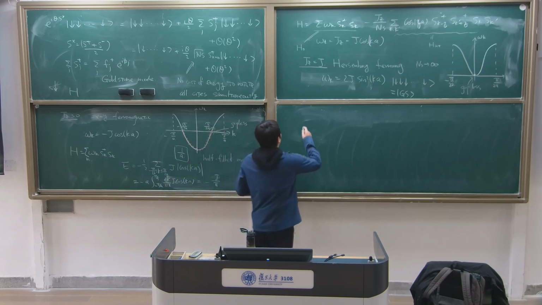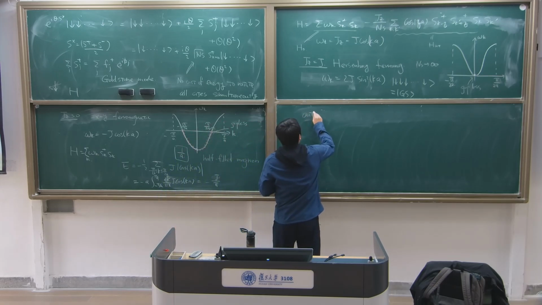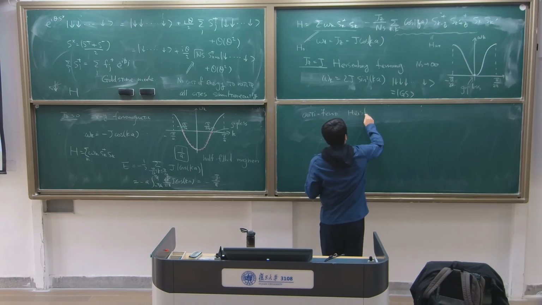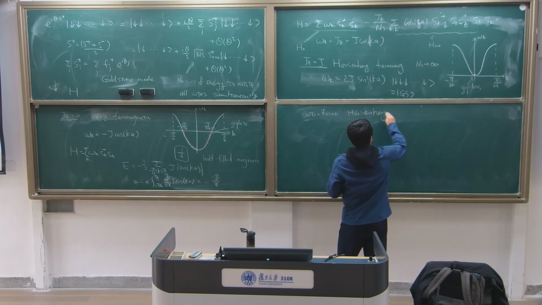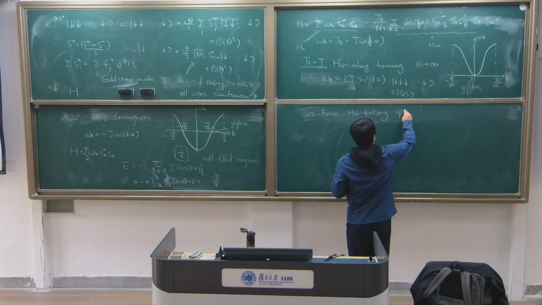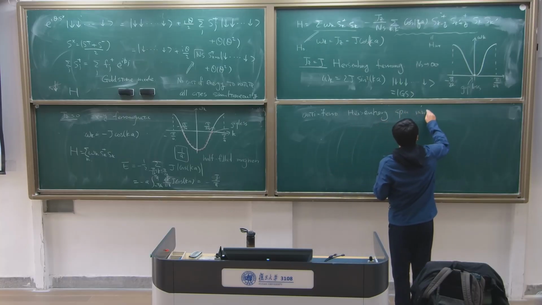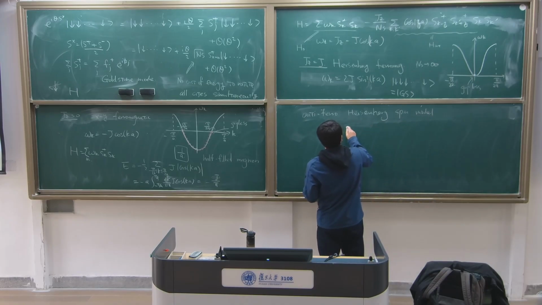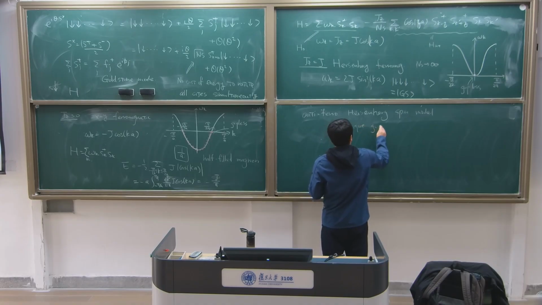But for anti-ferromagnetic Heisenberg, transformation in the model, this also has a unique ground state and a gap.